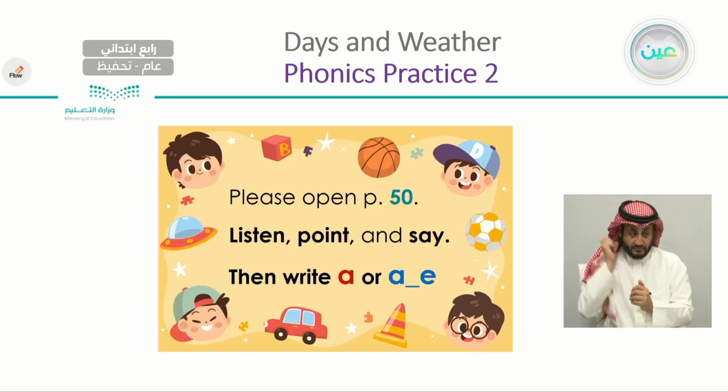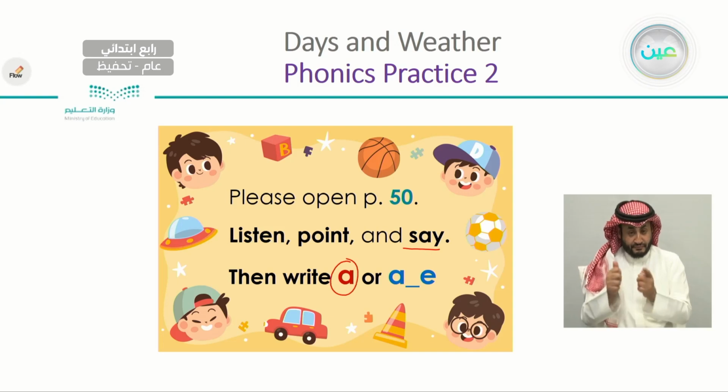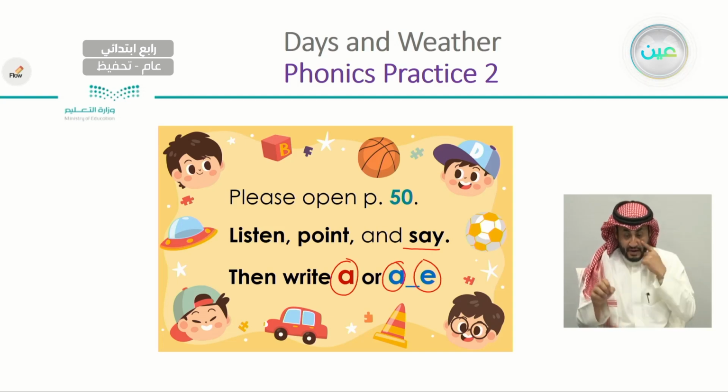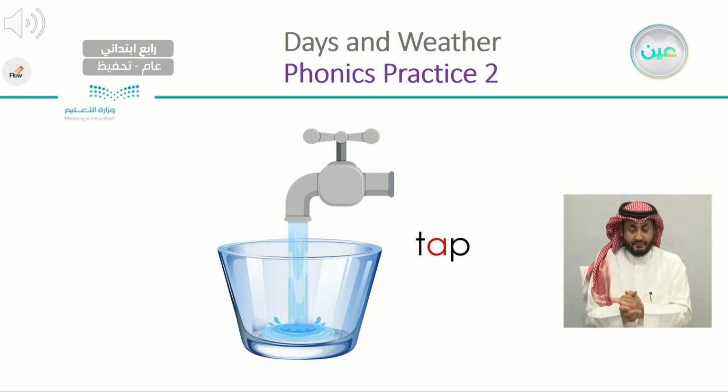Now please open page 50. Listen, point, and say. Then write either the short A or the long A that comes with the silent E. Here it's written already in your book. Let's just read together and look at the one after.